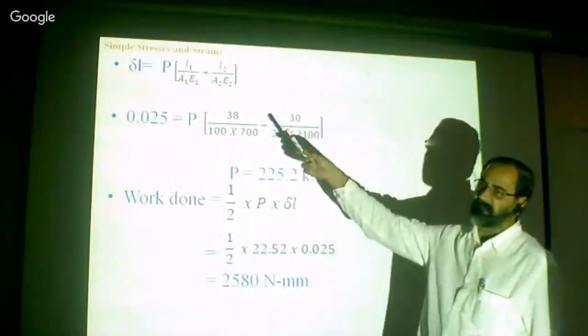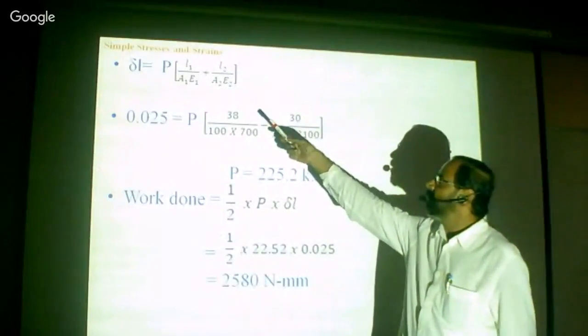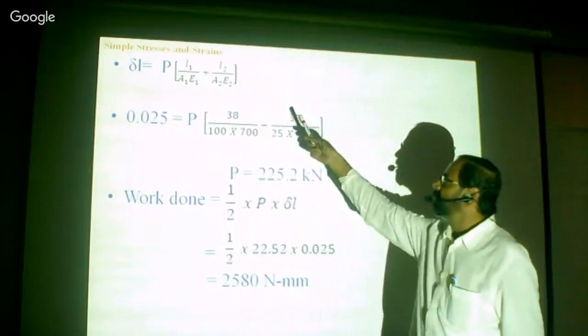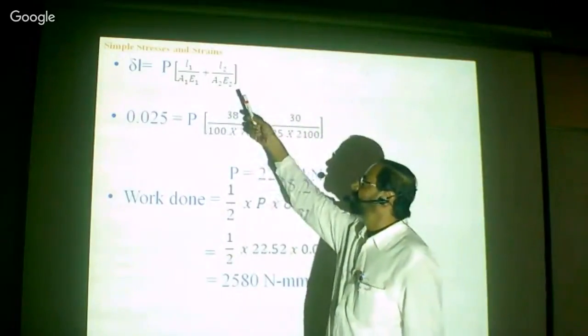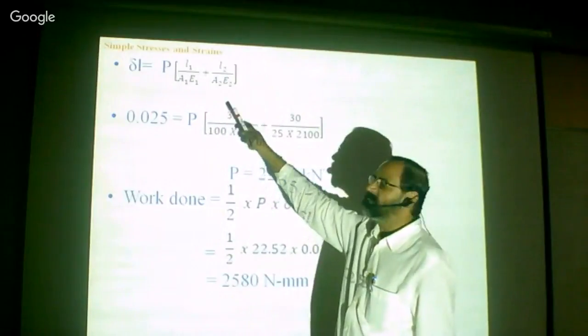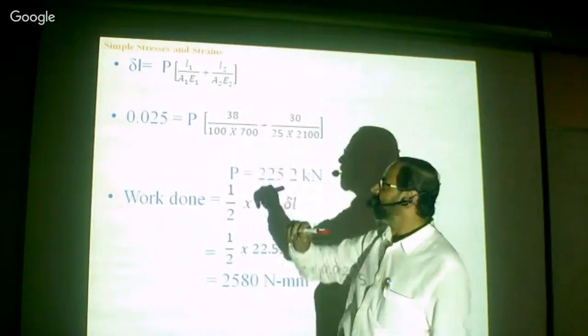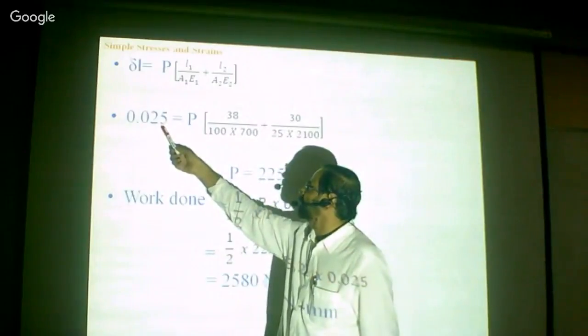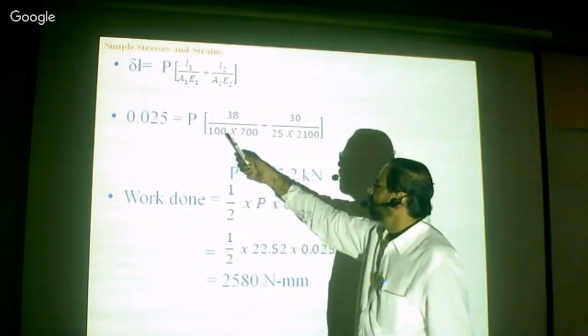Delta L is equal to delta L1 plus delta L2. So here P is common. The lengths of both the members are different, the area is also different, and Young's modulus is also different. Please substitute here: 0.25 millimeters is equal to P times the terms.